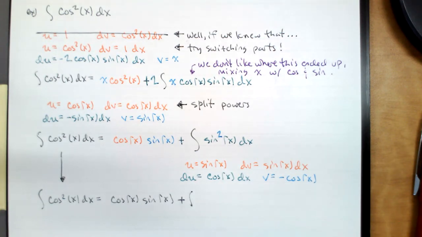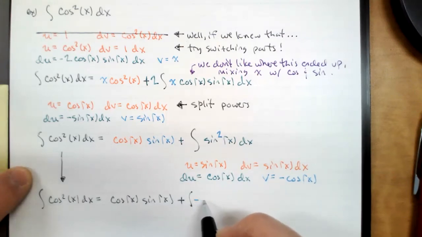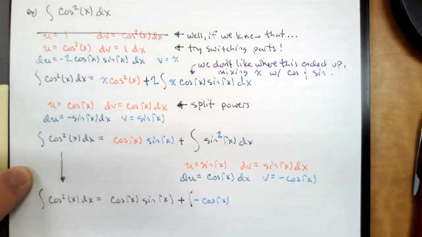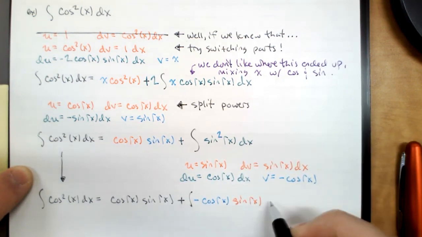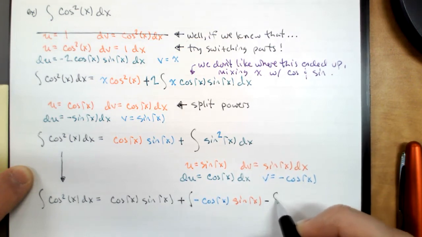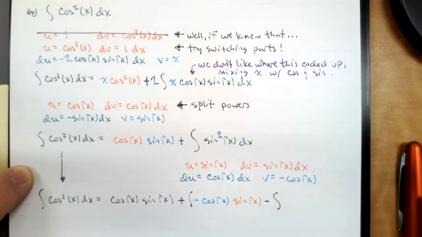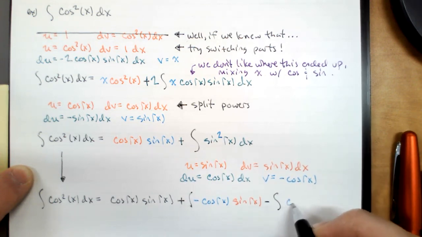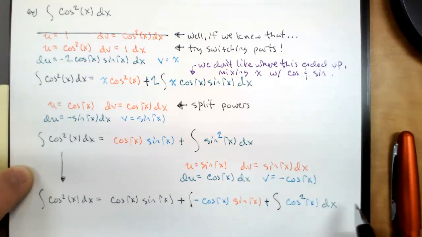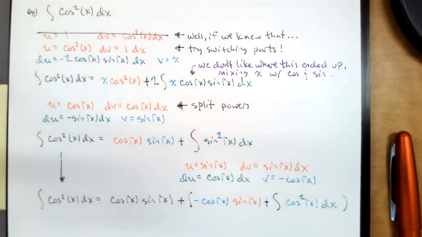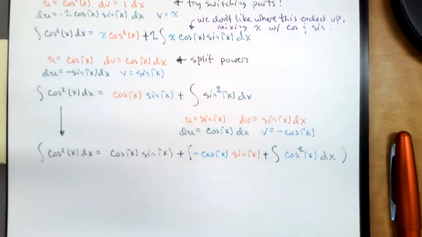I'm going to write uv minus the integral of v du.